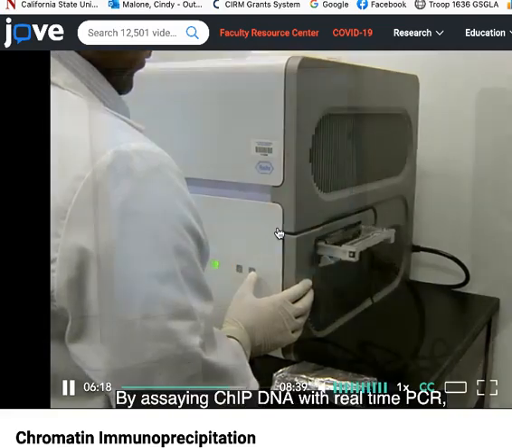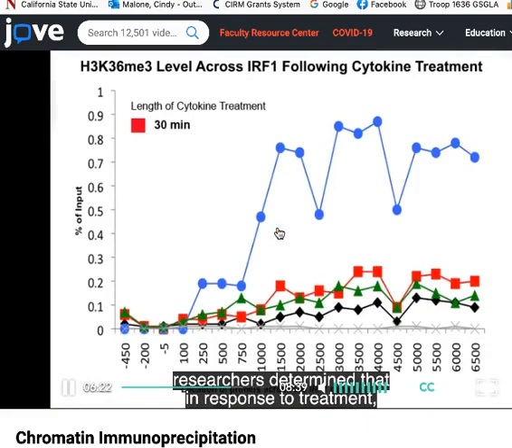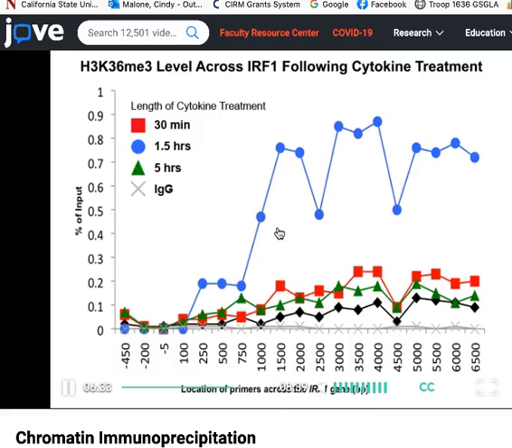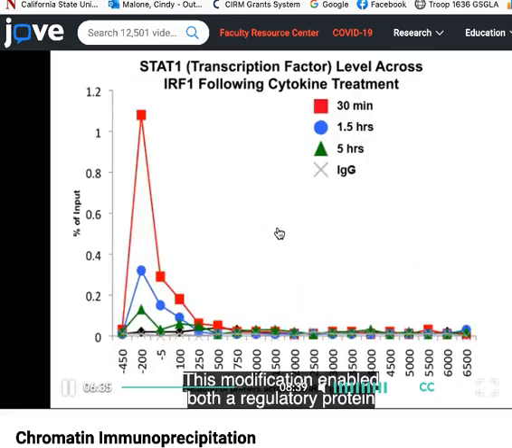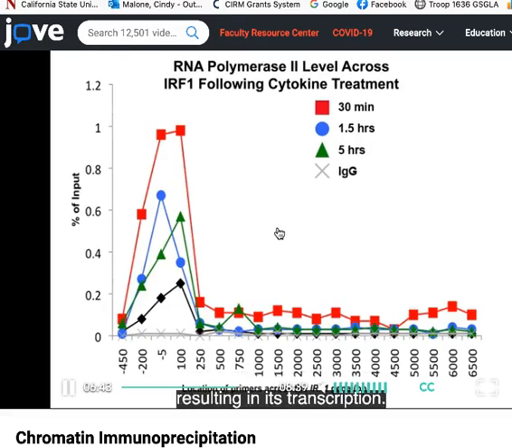By assaying ChIP DNA with real-time PCR, researchers determined that, in response to treatment, the transcription factor encoding gene, IRF1, gained an activating histone mark, H3K36 trimethylation. This modification enabled both a regulatory protein and RNA polymerase II to associate with IRF1, resulting in its transcription.